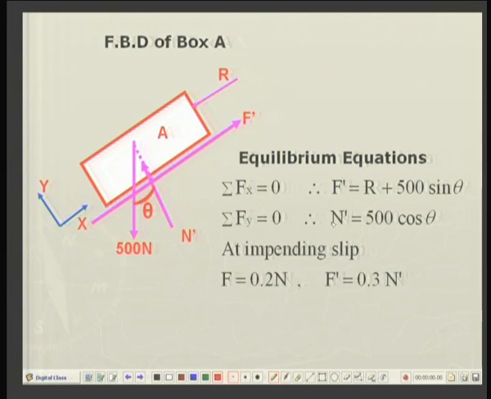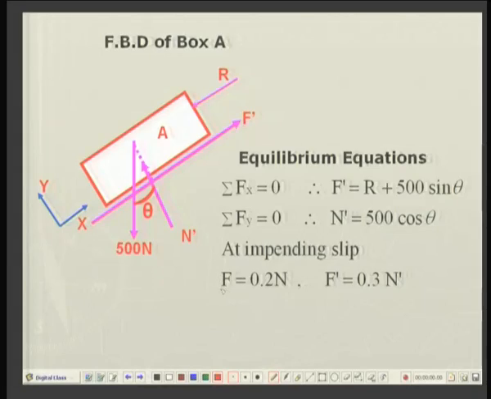So, you have these two equations from the previous, and also at the state of impending slip, when the motion is about to start, by Coulomb's law, F is equal to the static coefficient of friction 0.2 times the normal reaction, this is for box B, and F dash, that is force of friction acting on the box A, is equal to the coefficient of friction, which is 0.3 times the normal reaction N dash.